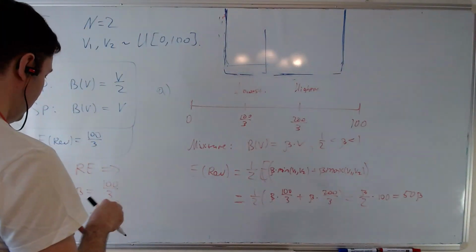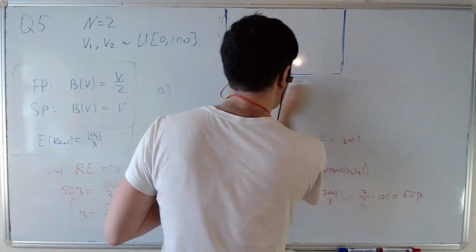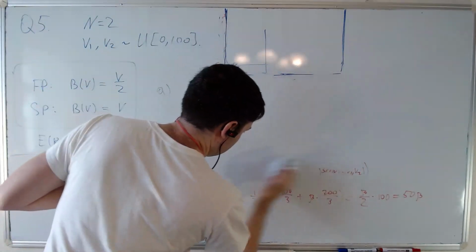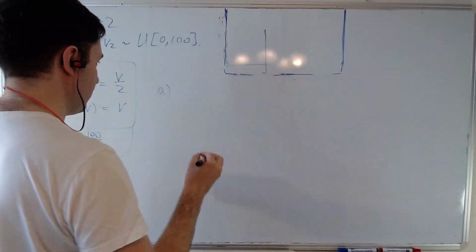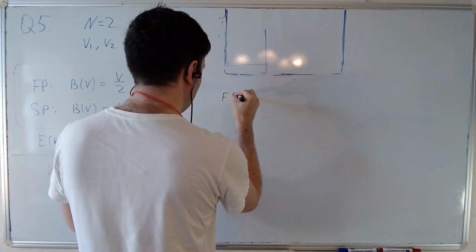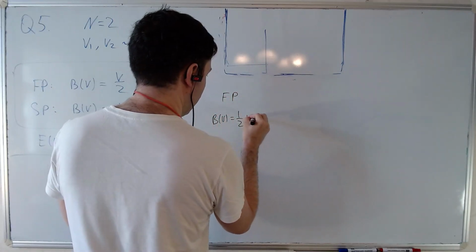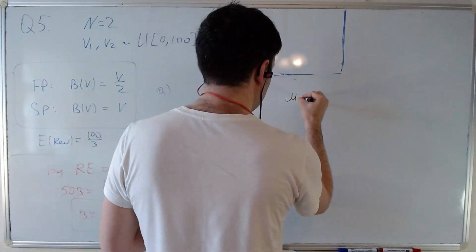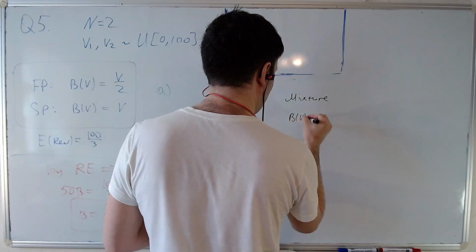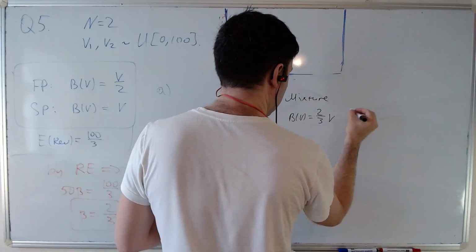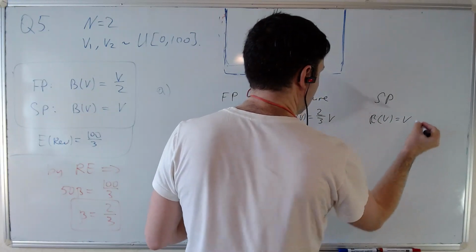Part B would have been a comparison, but we already did it. So in the first price auction, we have the function half V, this mixture. We have that one we derived, 2/3 V, and then in the second price auction you're bidding your full value.